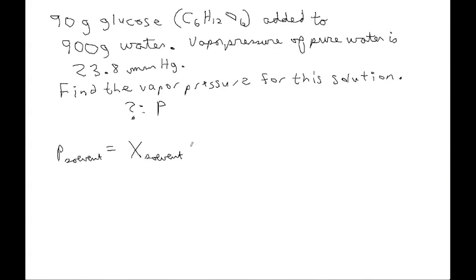So vapor pressure of pure water is equal to 23.8 millimeters of mercury, and we times that by X solvent. So now we have to take 90 grams of glucose and convert that to moles.